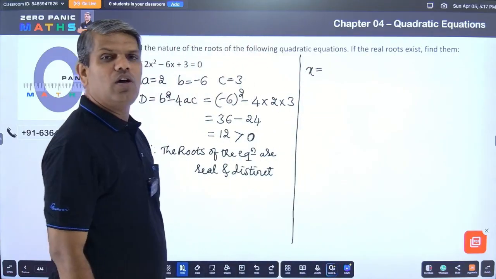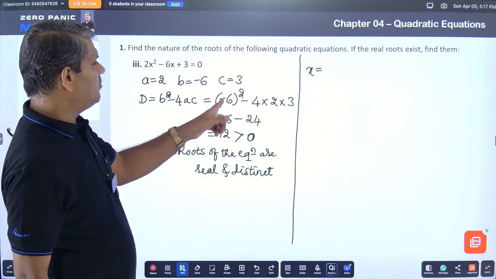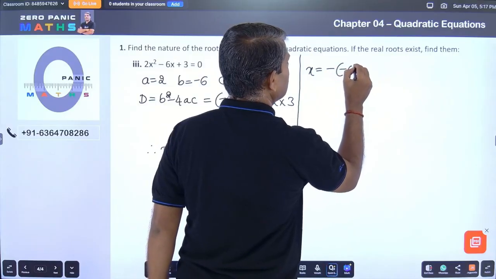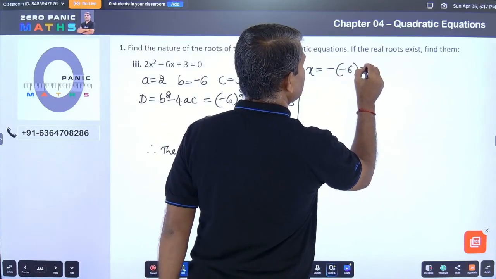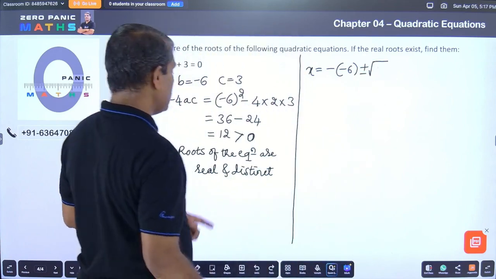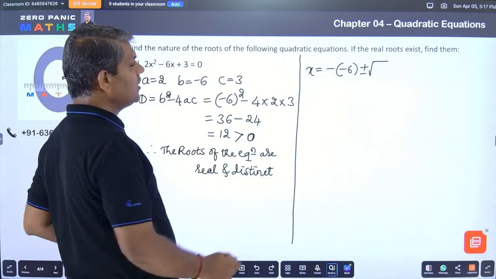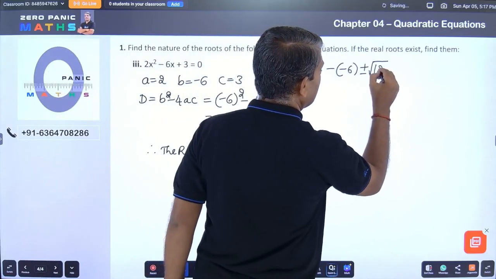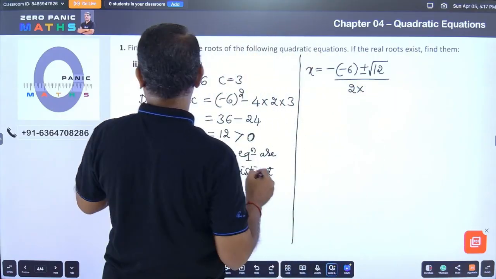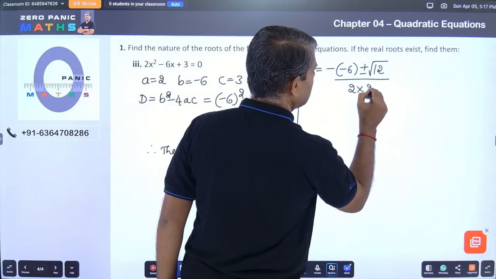X is equal to, what is the formula? Minus b. What is minus b? Minus of minus 6, minus b plus or minus square root of, what is the discriminant value? That is 12, right, divided by 2 into a, that is also 2.